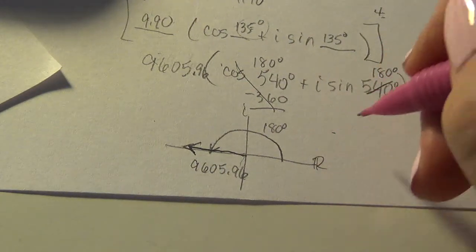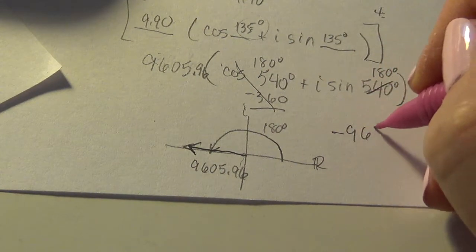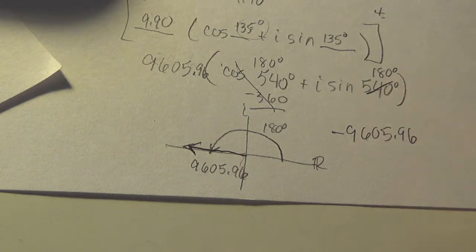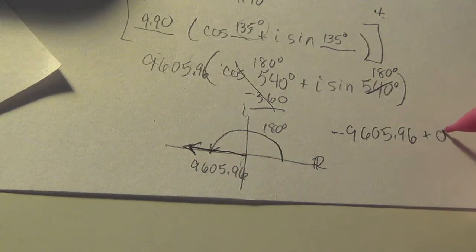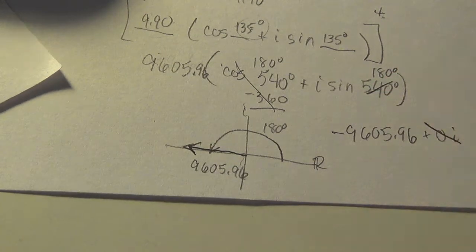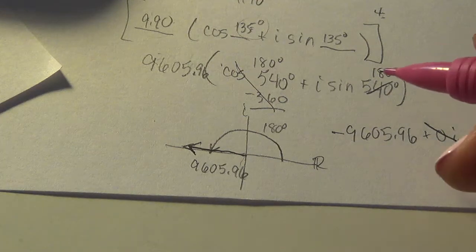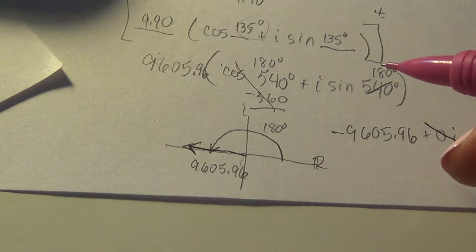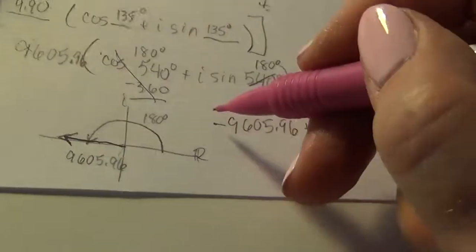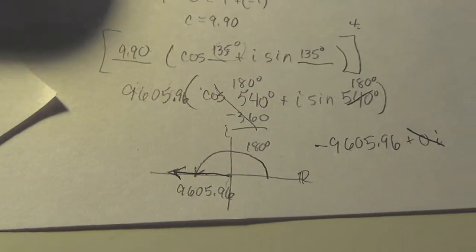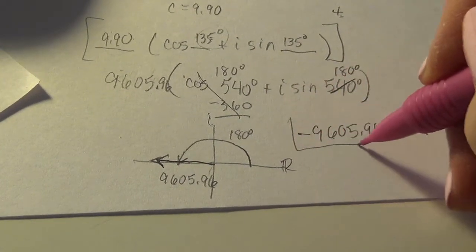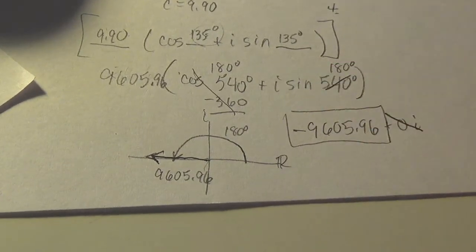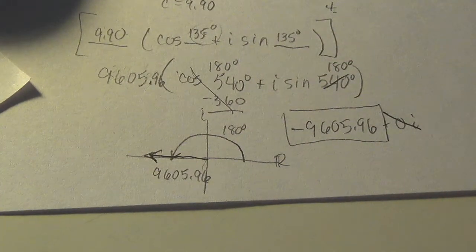So it's negative 9605.96 in the reals and nothing in the imaginaries, so we don't usually write it. So that number is the correct answer. I think I might have rounded a little differently, but the key came very close, and let me see if I got it right. I did. All right.